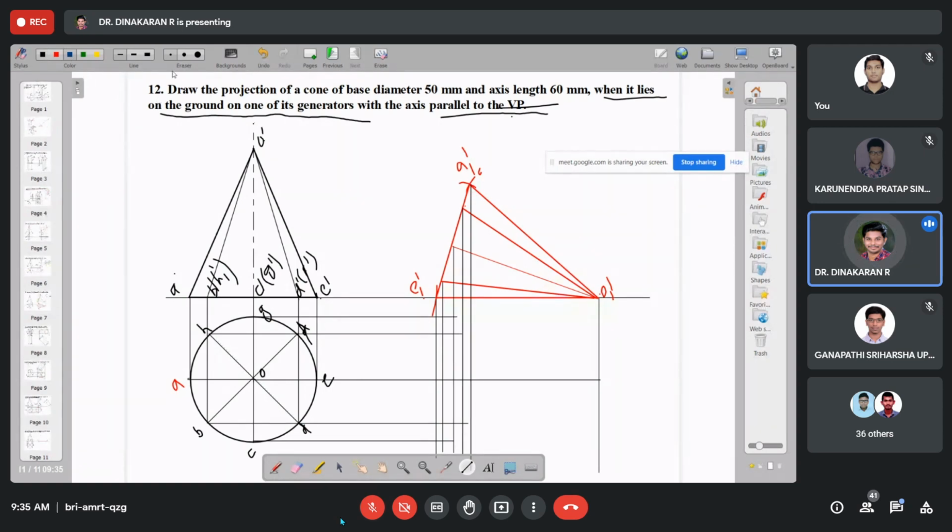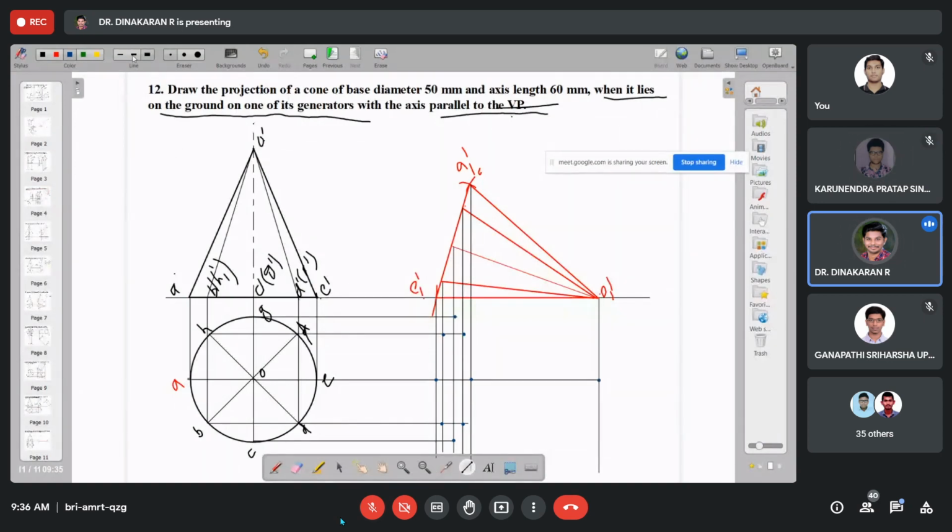I'm going to place a point to check it with me. So this A1 dash and A, B1 dash and B, C1 dash and C, D1 dash and D, E1 and E, F1 and F, G1 and G, and H1 and H. I marked the points correctly. Yes, sir. Final O point.